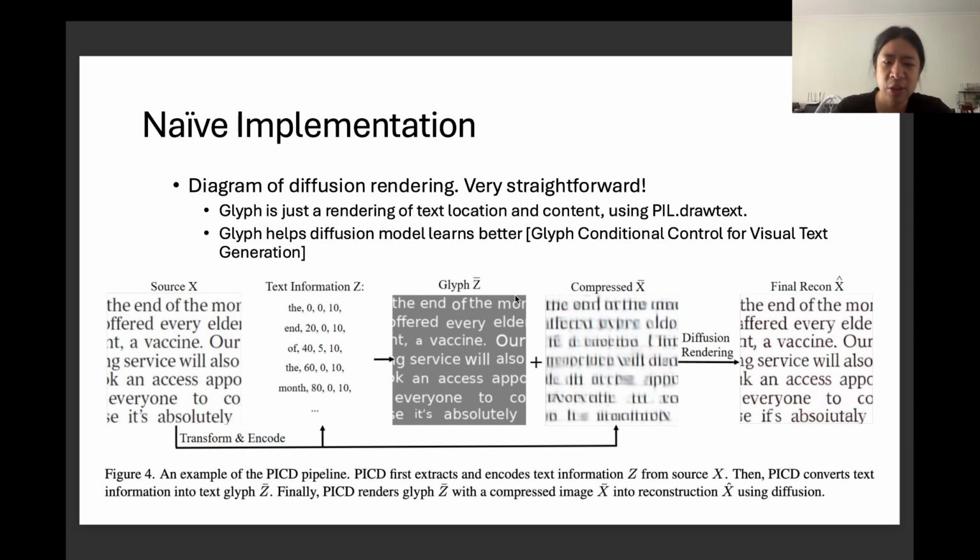And the interesting thing is, the actual graph of z contains the location information and the content information of the text, while the compressed image contains the color information, the font information, and the alignment information. So we are adding those two pieces of information together to fuse them into a final reconstruction with correct location, correct text content, correct fonts, correct text color, and even correct alignment.